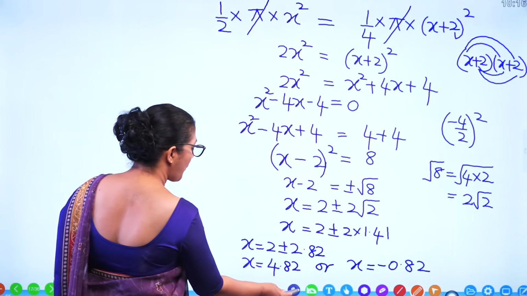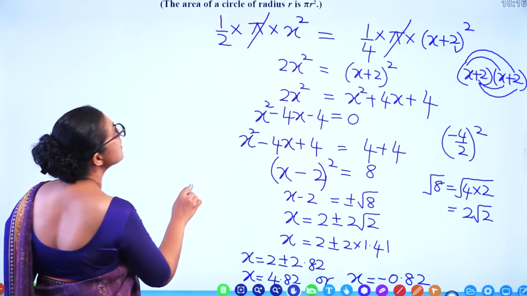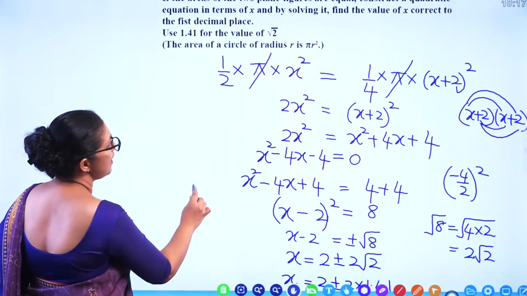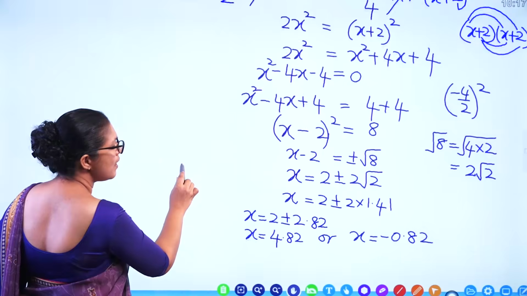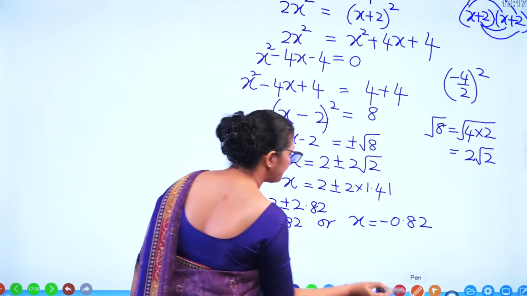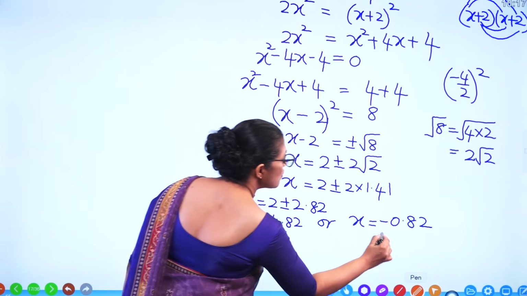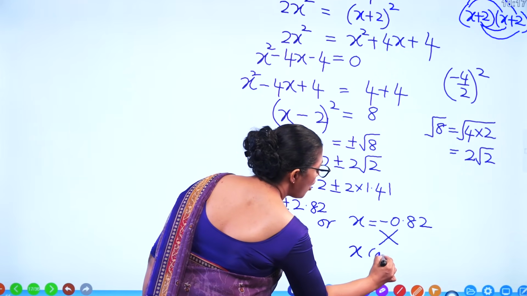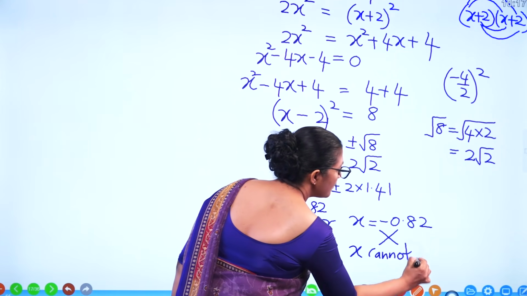But can you take a negative value for this? What's x? x is a length. That's the radius. x cannot be negative. So you have to take only the positive value. So this is not possible.